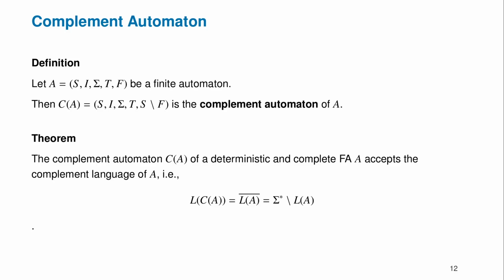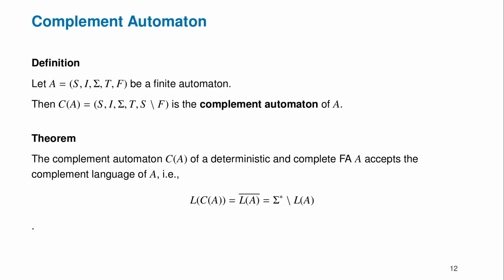So what we do in the graphical representation is we simply exchange all final and non-final states. The final states become non-final states, so we remove the second circle, and the non-final states become final states by adding the second circle. And now we have the following theorem.